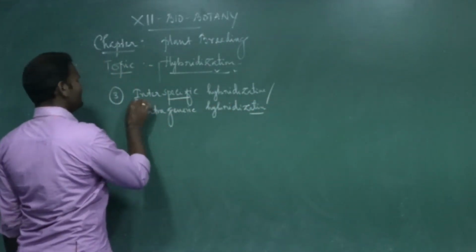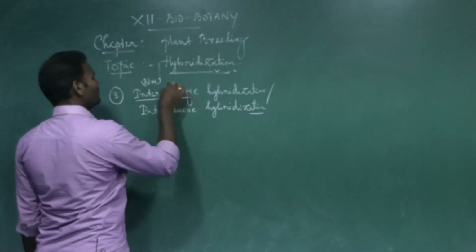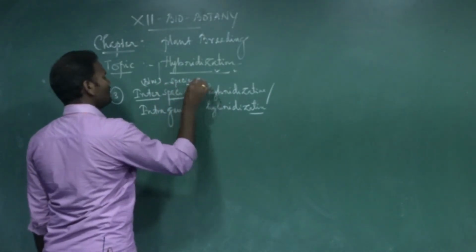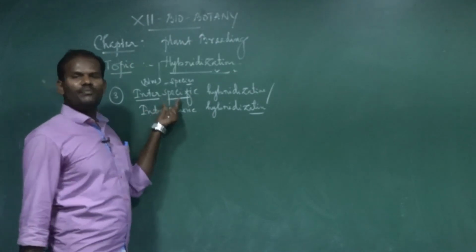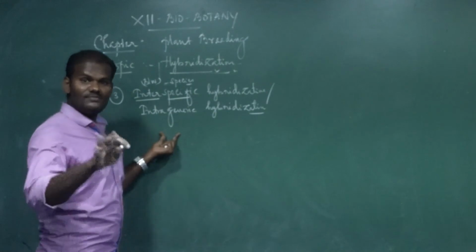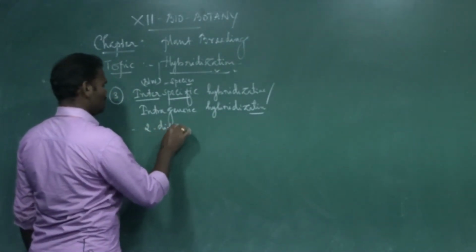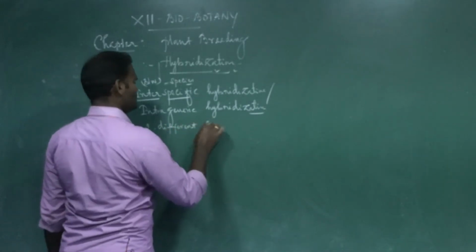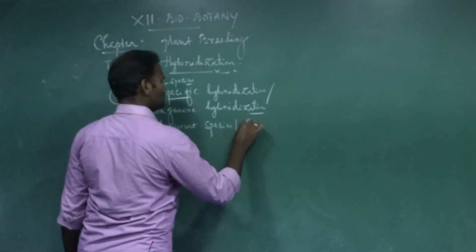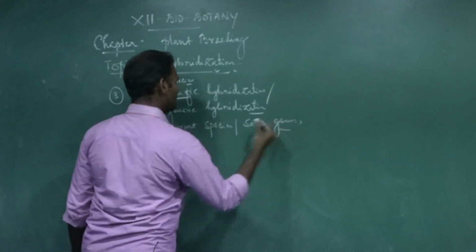The word inter means between the species. It is a cross made between the plants of two different species but the same genus.